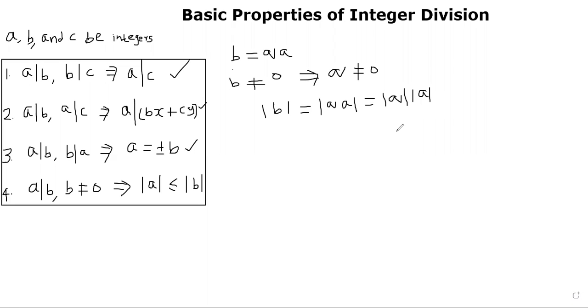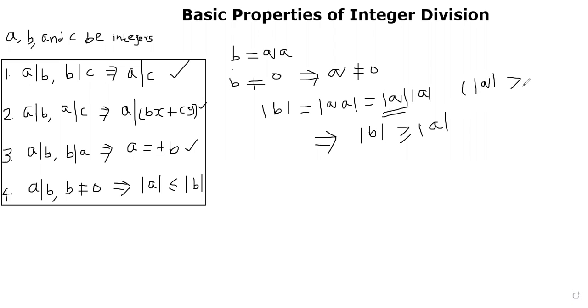So you are able to write one number as a multiple of two other numbers. That means the left-hand side number must be greater than or equal to each of the right-hand side numbers. We are dealing only with integers, there are no fractions. Therefore, we can immediately say that the absolute value of B must be greater than or equal to the absolute value of A. This is because the absolute value of Q is greater than or equal to 1.